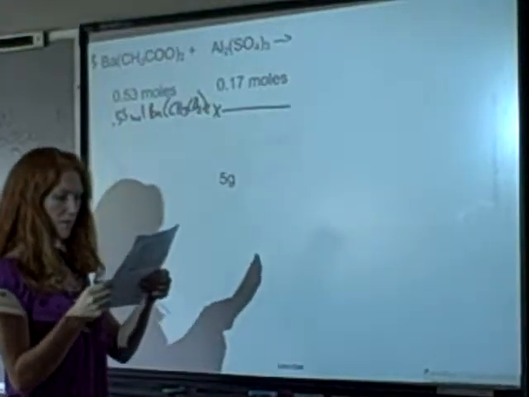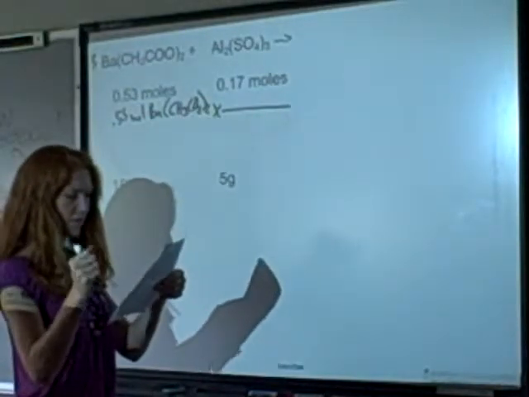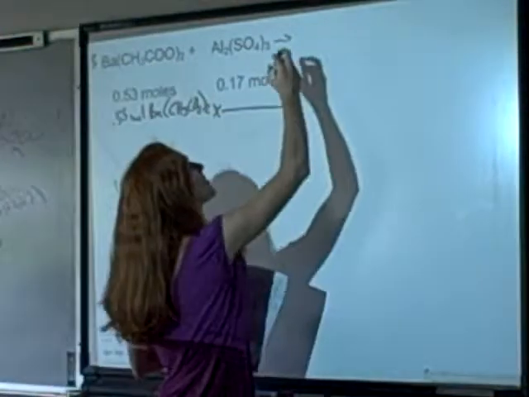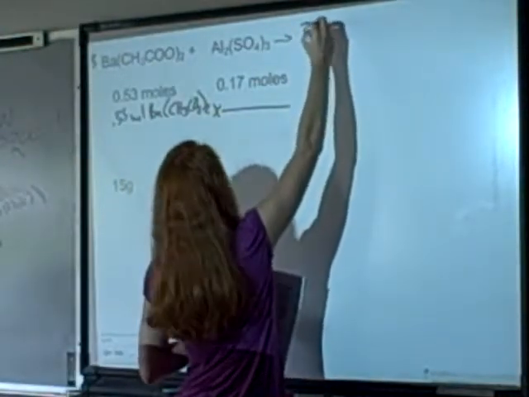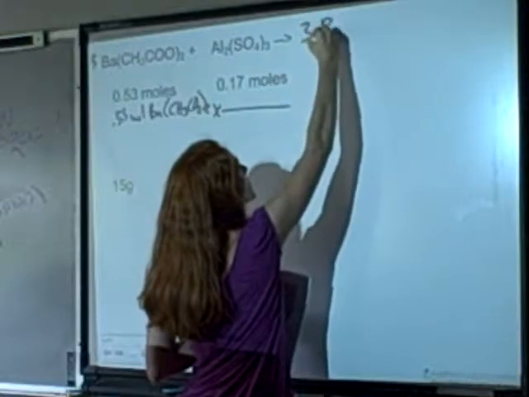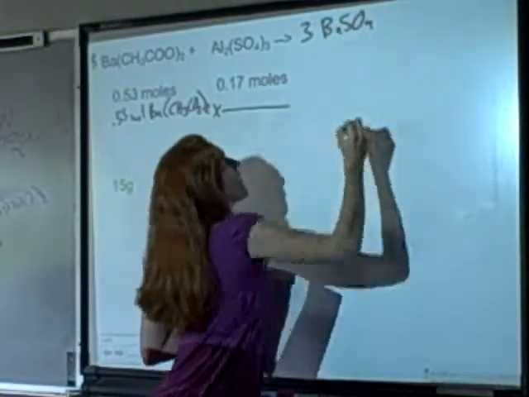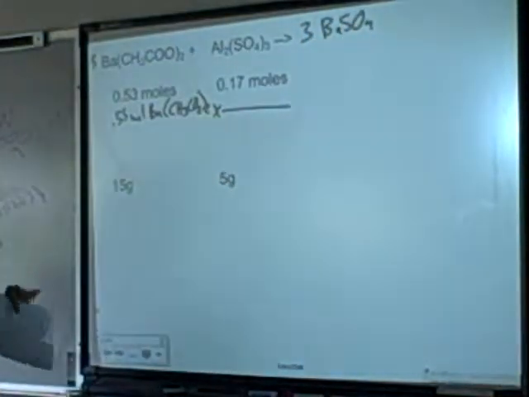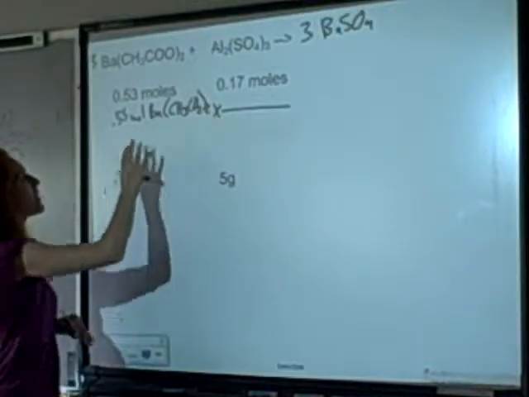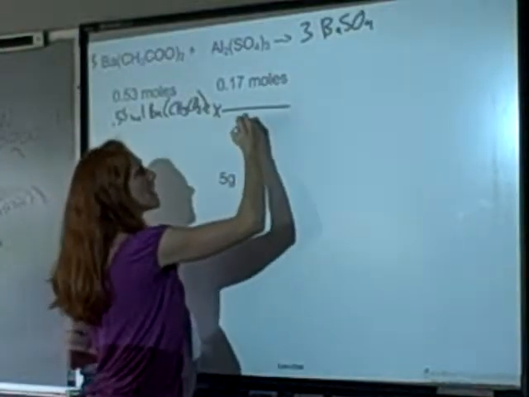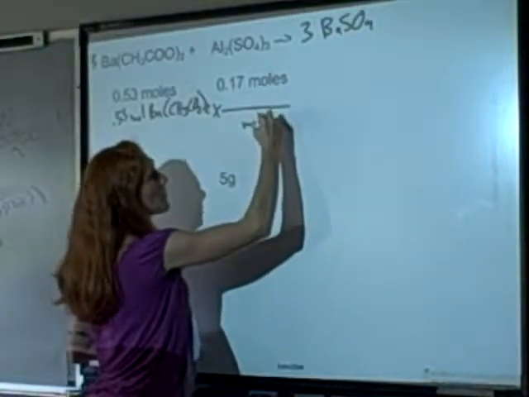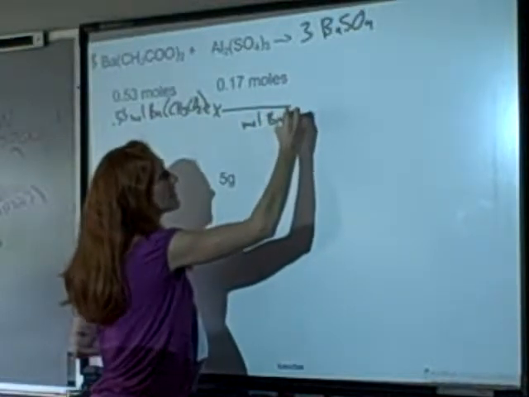Did I go all the way to moles? I did not. That's great, it's much faster this way. So here, we already saw that this makes 3 moles of barium sulfate. So I'm just writing part of the balanced equation from the problem before. I have moles of barium acetate here. That's what has to go on the bottom, is barium acetate.